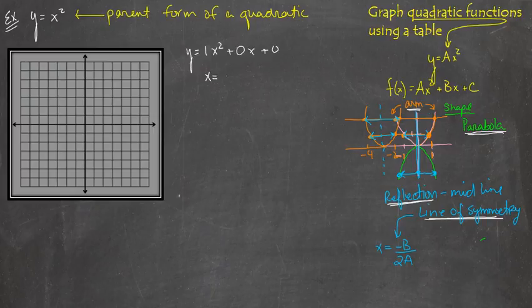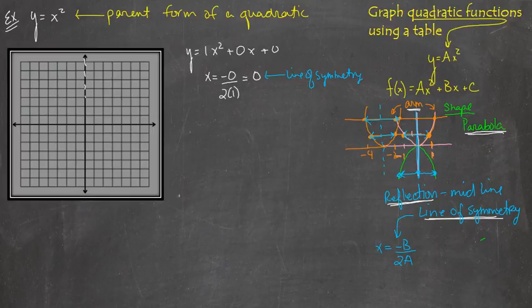So x equals the opposite of b, so the opposite of 0, over 2 times a. It's defined because I don't have 0 in the denominator, but clearly x equals 0 is the line of symmetry. Now, once I have the line of symmetry, I'm going to dot it into my graph.